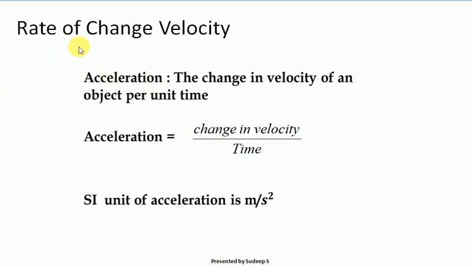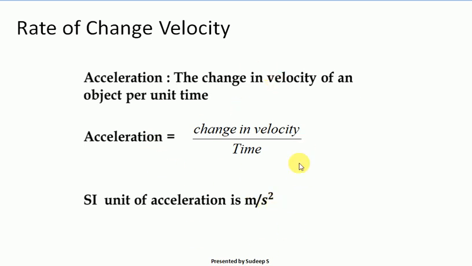Acceleration is nothing but the rate of change of velocity. The change in velocity of an object per unit time is the definition of acceleration. As velocity is a vector quantity, acceleration is also a vector quantity. The SI unit of acceleration is meter per second square.